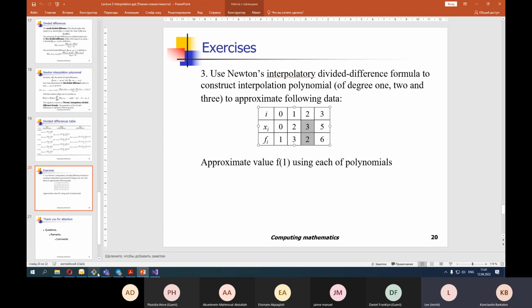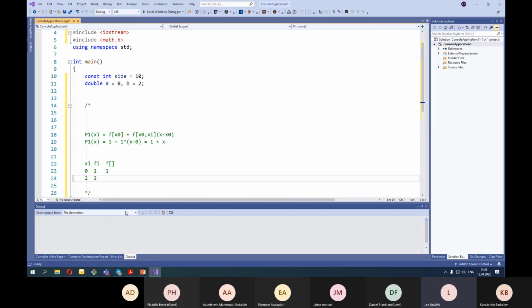Let's write it in a table. I add one more point. The value of x is 3, the value of y is 2. Using these first points, I find the first divided difference at the point 0.